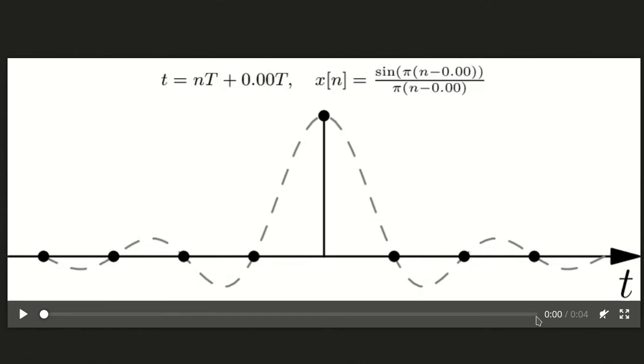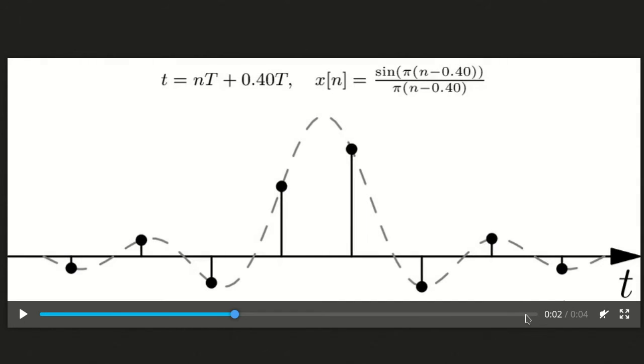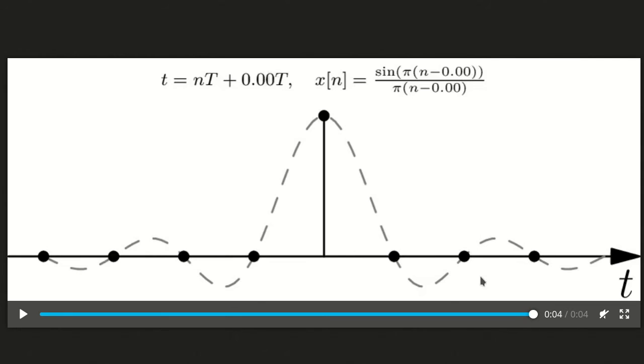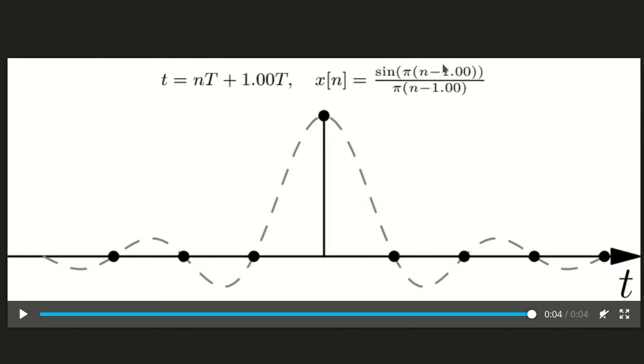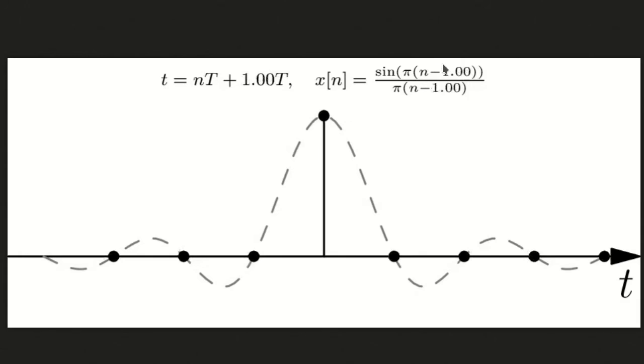And if you go to the absolute end, you're going back to the beginning. This 1.00 is almost the same as the original sequence, except that it's a delay of one sample. So this alpha actually performs sinc interpolation and resampling implicitly.